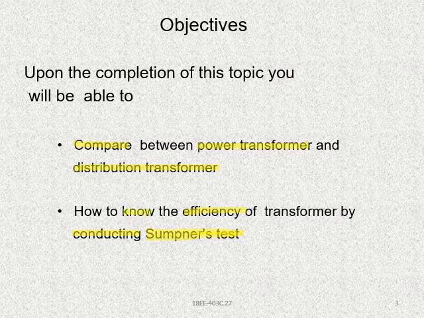Just please make note of these 2 points. At the end, we'll be knowing about these 2 things.